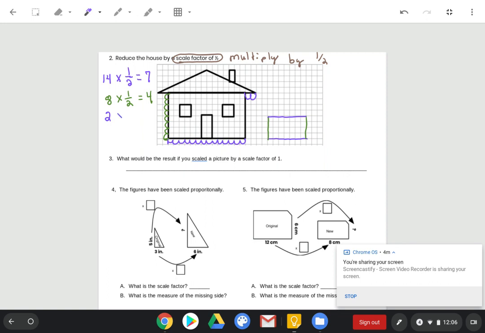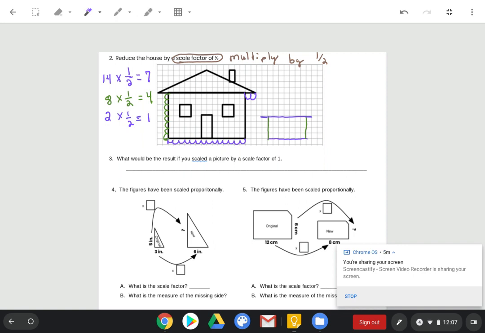That just means I'm going to take 2 and multiply it by 1/2, which gives me 1. So the corresponding overhang will now only be 1 unit long. So I'm going to draw on the right-hand side an overhang that's 1 unit long, and on the left-hand side as well, an overhang that's 1 unit long.